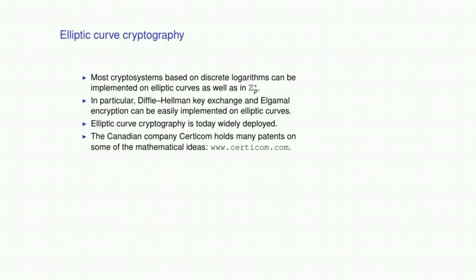Elliptic curve cryptography is widely deployed today, and the Canadian company called Certicom holds many patents on some mathematical ideas about it. Most crypto systems initially proposed in prime order groups can be used in elliptic curve groups as well. It is more compact and more efficient.